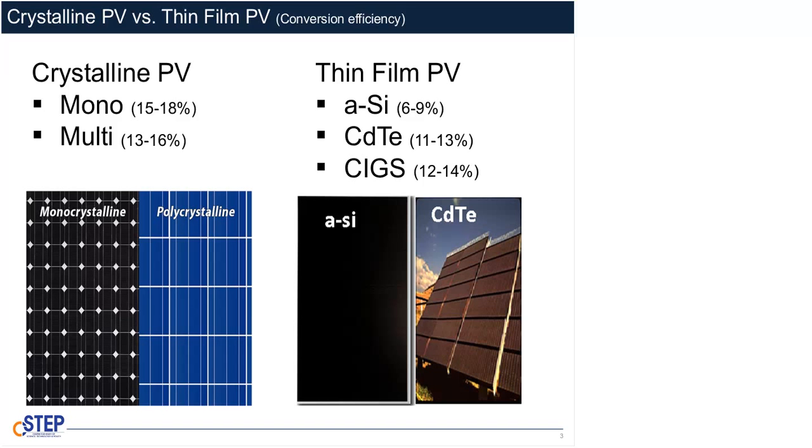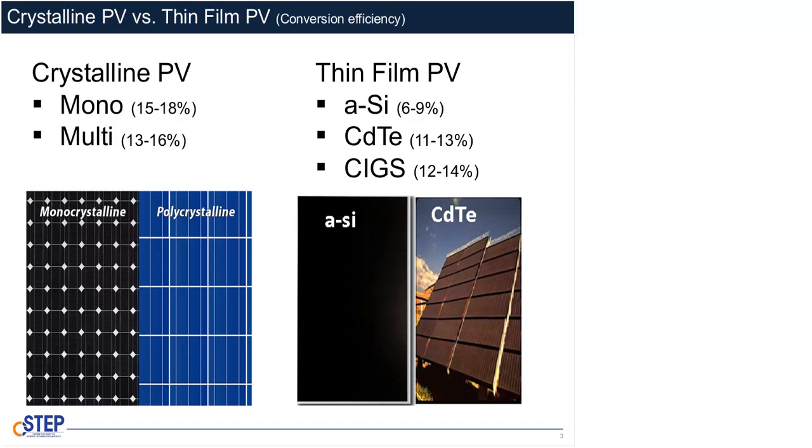A substrate can be either stainless steel, or glass, or any other flexible substrate, while in crystalline PV, silicon wafers are used to produce a cell. And another distinguishing feature of the two technologies is the supply chain. The supply chain of crystalline PV is highly disaggregated and complex, while the supply chain of the thin film PV is more aggregated and more vertically integrated.